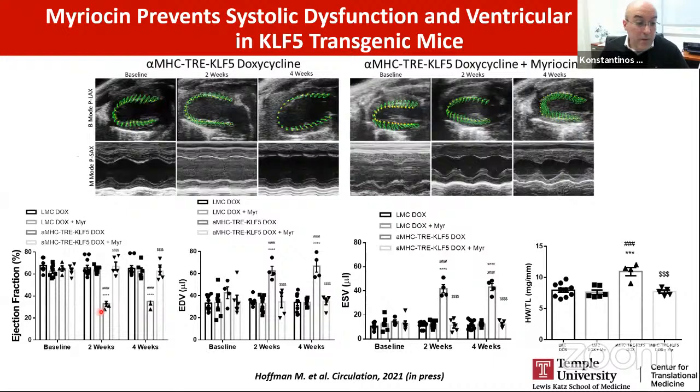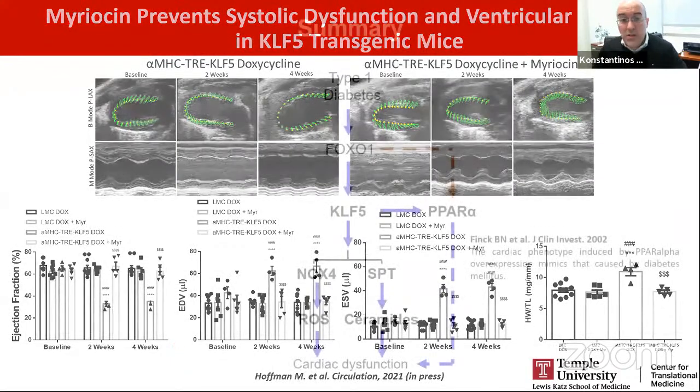And to our surprise, we saw a complete restoration of cardiac function, complete prevention of cardiac dysfunction, in the transgenic mice treated with myriocin. We checked 2 and 4 weeks after the beginning of the treatment.